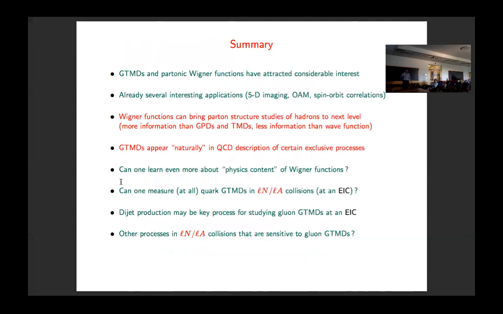They contain more information than GTMDs and TMDs, less information than the wave function. In non-relativistic quantum mechanics, knowing the wave function or the Wigner distribution is basically equivalent. Here, in a many-body relativistic theory, this is different, but we know that the concept of the wave function has its limitations in our field. So if we can get to the next step, this is a viable candidate.